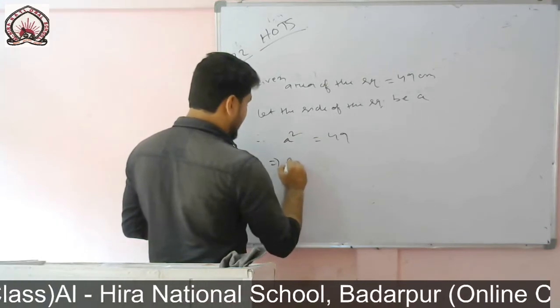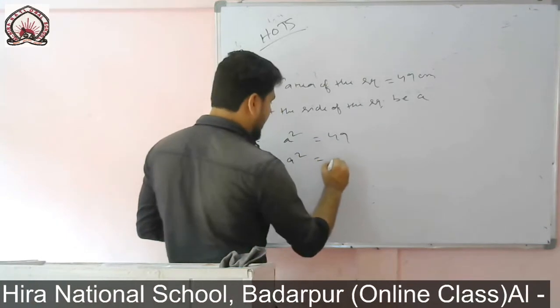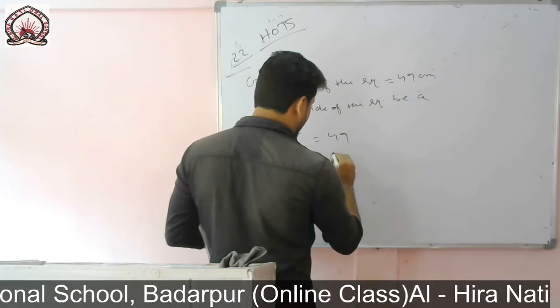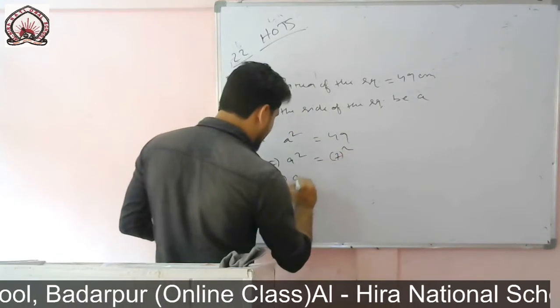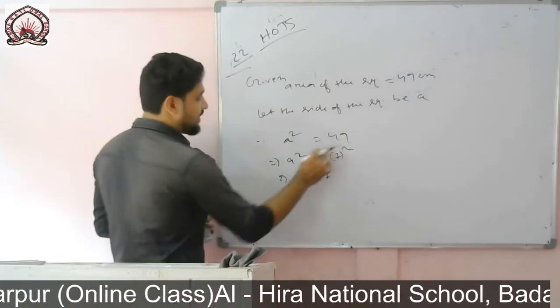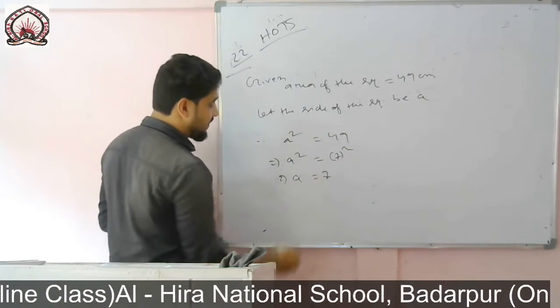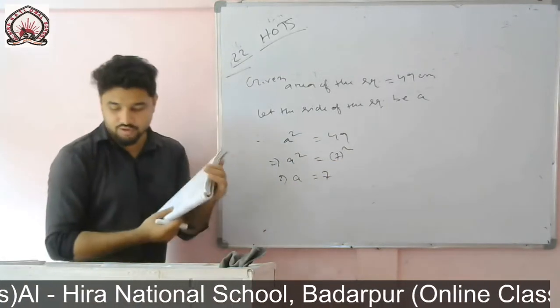So here A square equals 49. I can write 7 square. So I can write A equals 7. If I cancel this square, then we'll get 7.